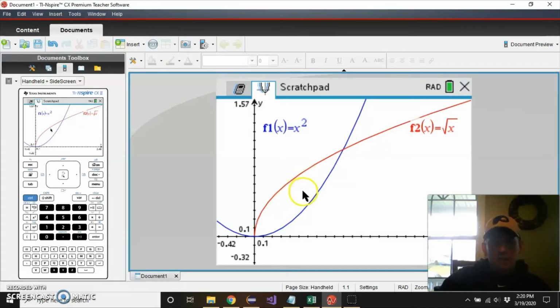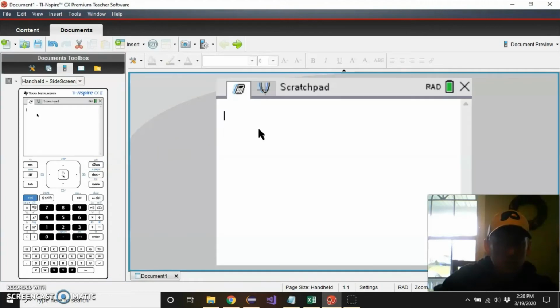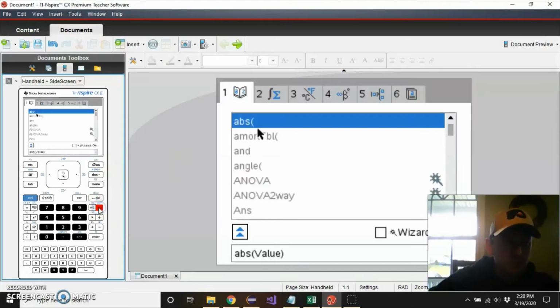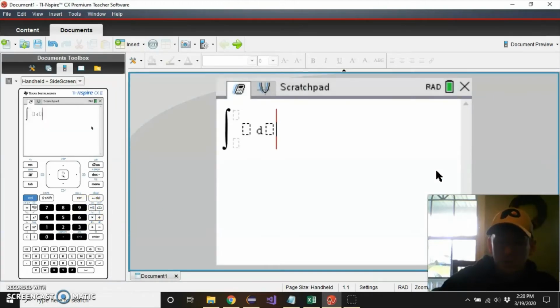So every side is just going to be the distance between two graphs, from root x down to x squared. So let's just pop over to here, and I'm going to do the integral from 0 to 1. Everything's in terms of x.